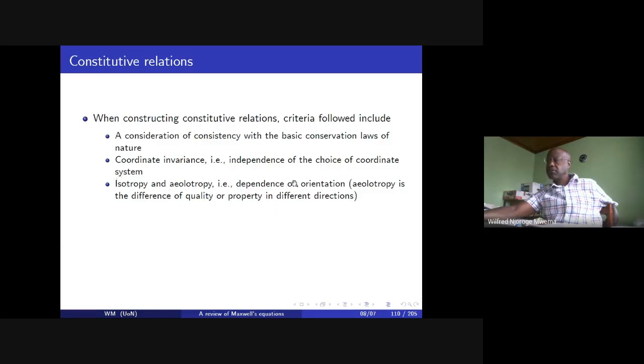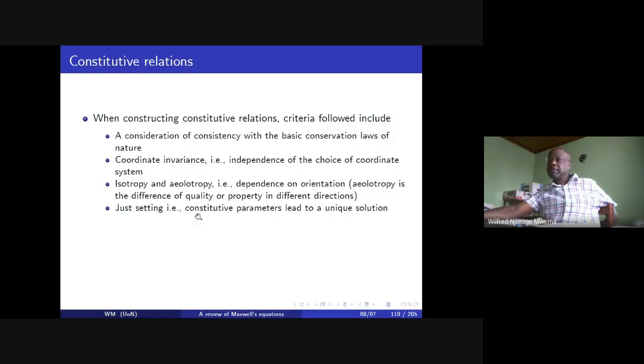But if it's isotropic, then it means that the solution is the same everywhere. Such materials with this kind of direction dependence will be called anisotropic materials, but we are not going to be dealing with them. Most of the materials we shall deal with are those whose properties do not depend on direction.